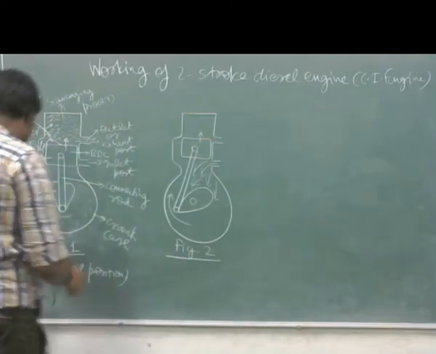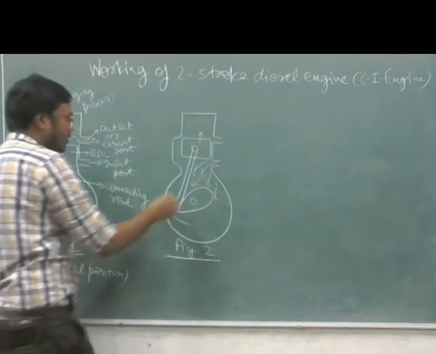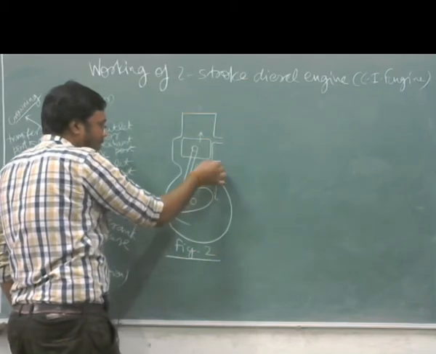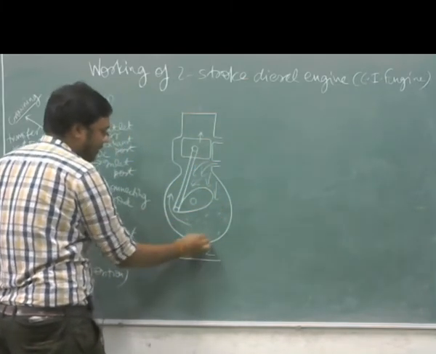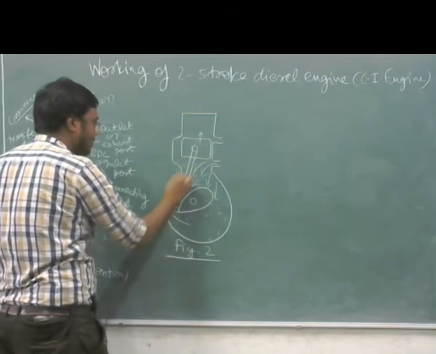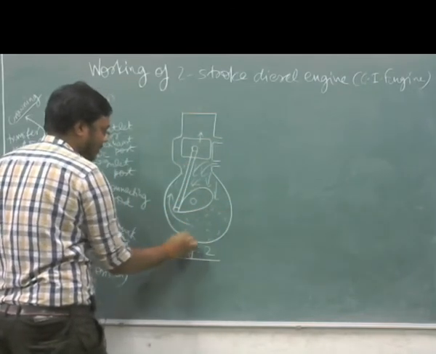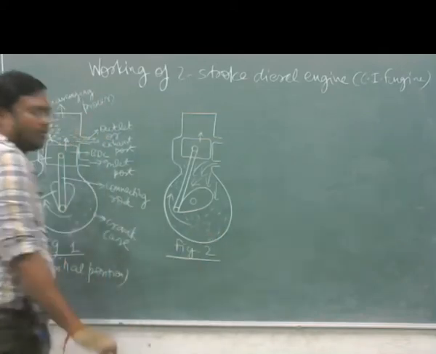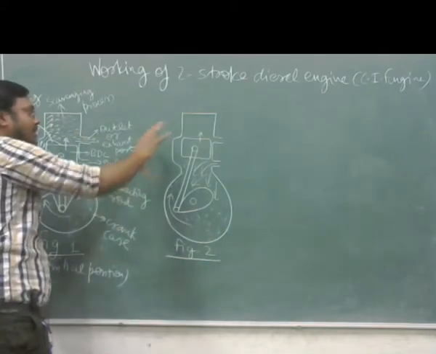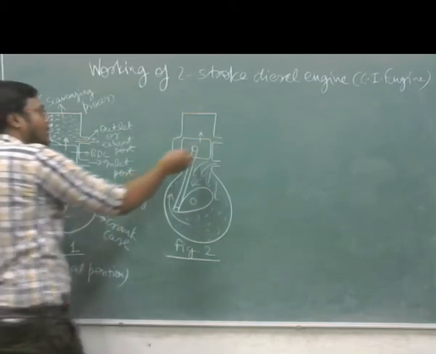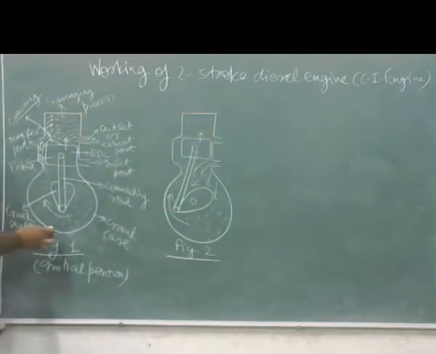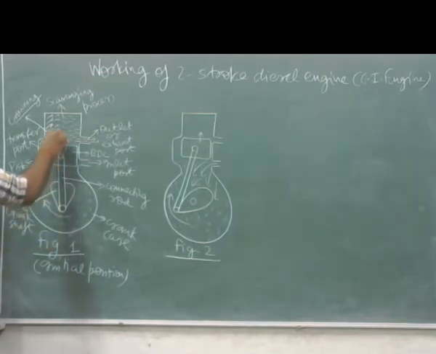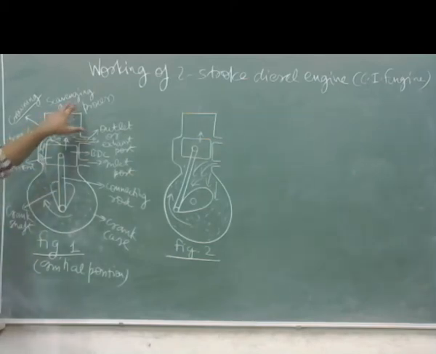Now, air comes below the piston and fills up all the space in the crankcase. Another thing is happening here. When this piston is moving in the upward direction, as we have seen in the first diagram, above the piston fresh air is already present through the scavenging process.